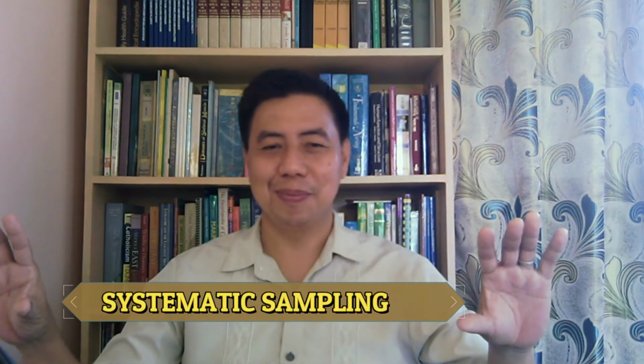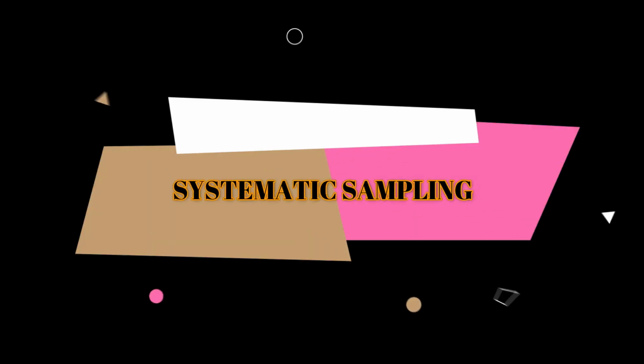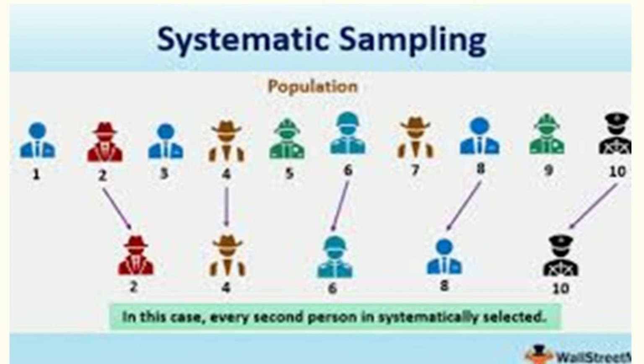And finally, systematic sampling. It is a type of sampling method in which researchers select members of the population at regular intervals. So, paano ginagawa?